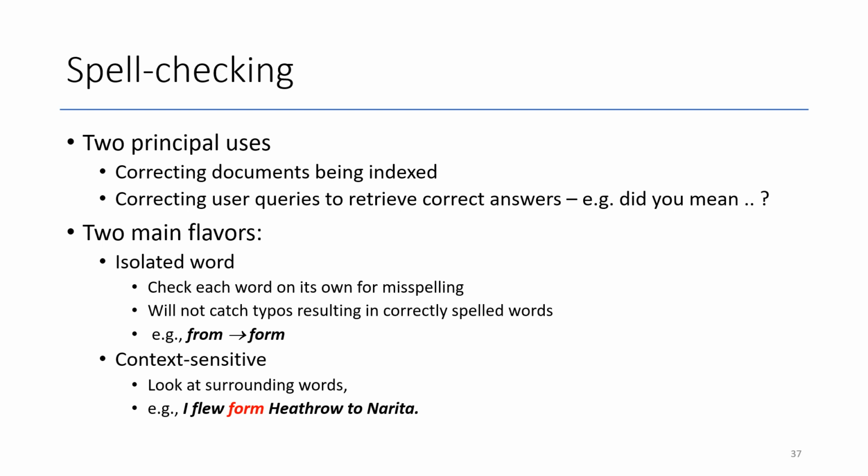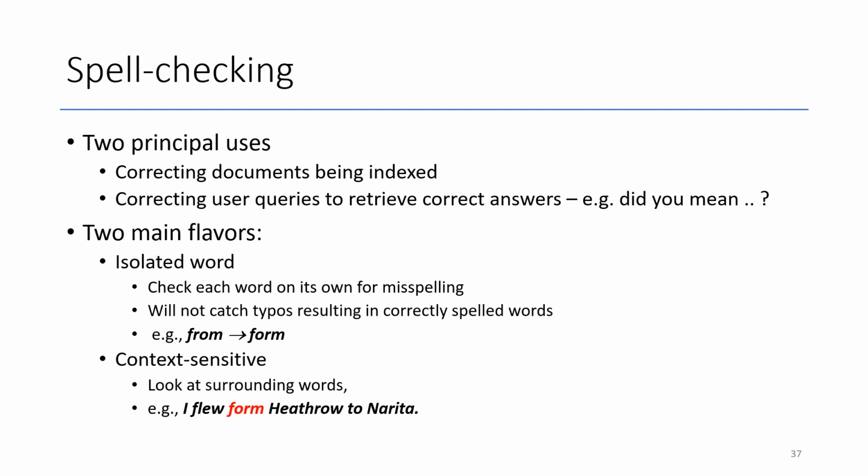There are two main flavors of spell checking. In simple spell checking, you conduct spell checking on an isolated word. So each word is checked on its own for misspellings.